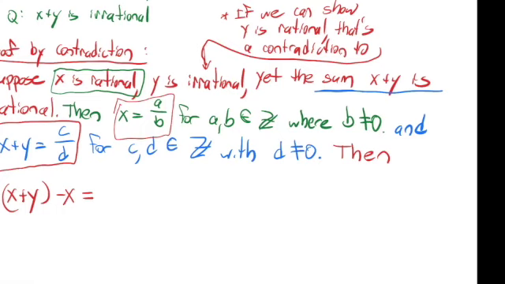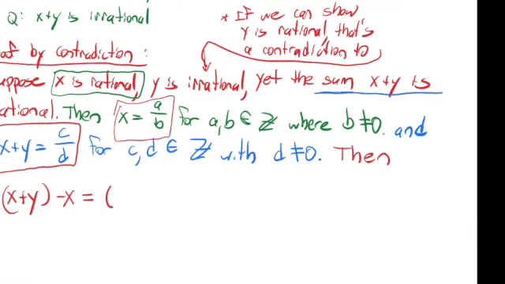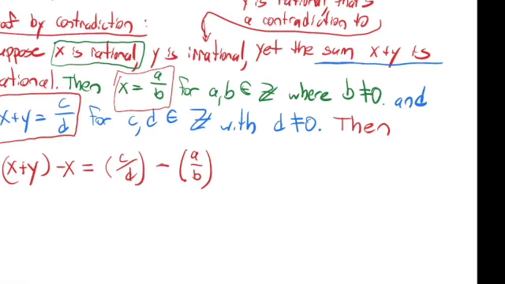So I can say, okay, y, which is equal to x plus y minus x, is equal to, well, we knew that x plus y was c over d, and then we knew that x was a over b. So subtracting those two gives us something equivalent to y.